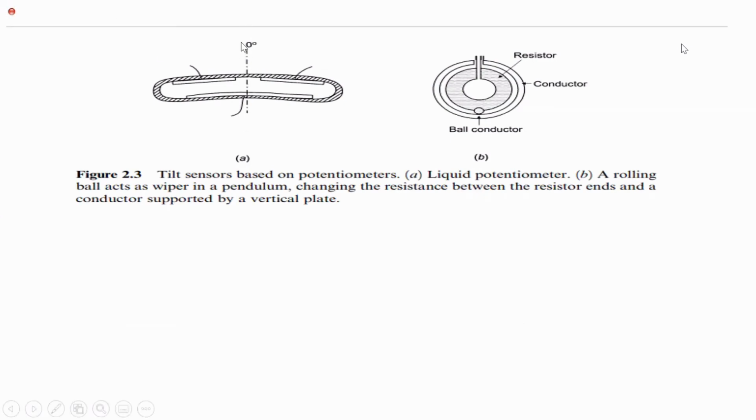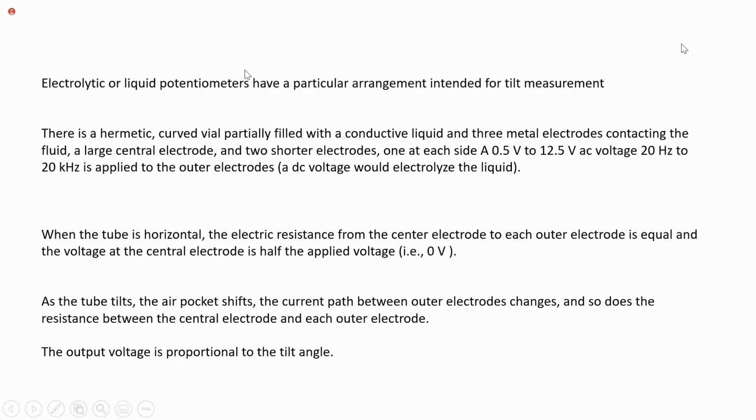As the tube tilts, the air pocket shifts, the current path between outer electrodes changes, and so does the resistance between the central electrode and each outer electrode. The output voltage is proportional to the tilt angle.